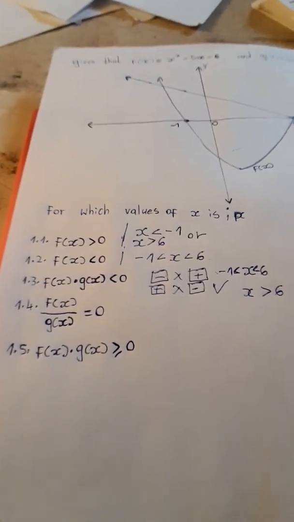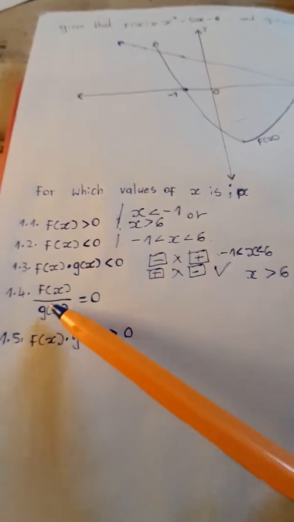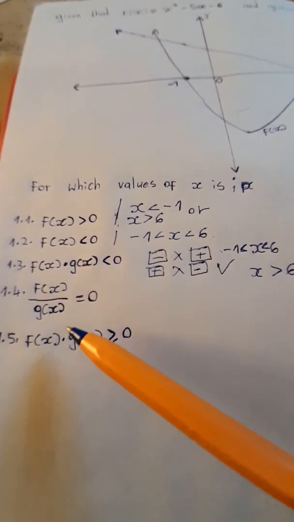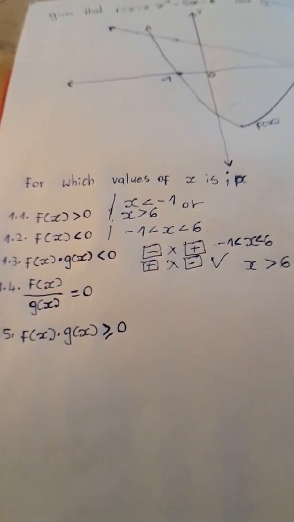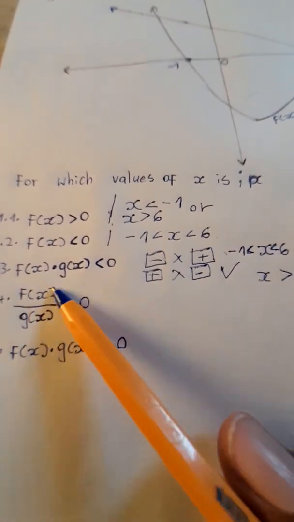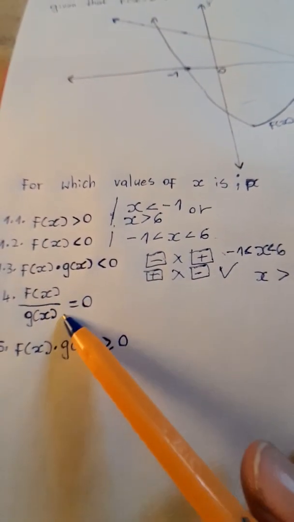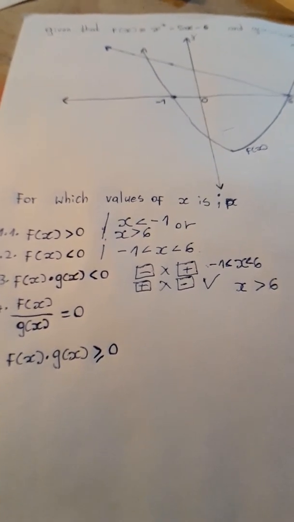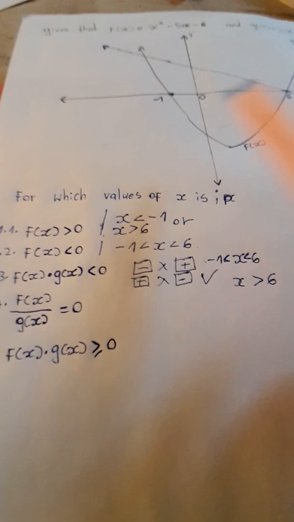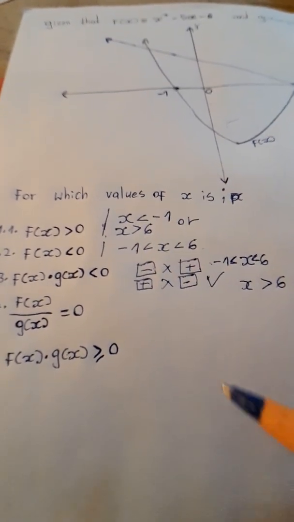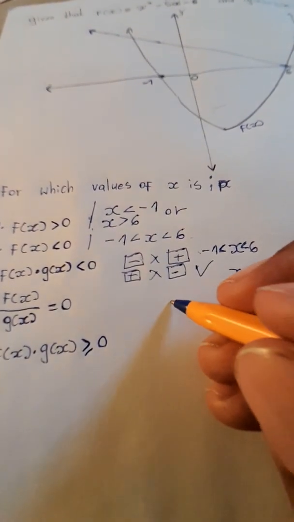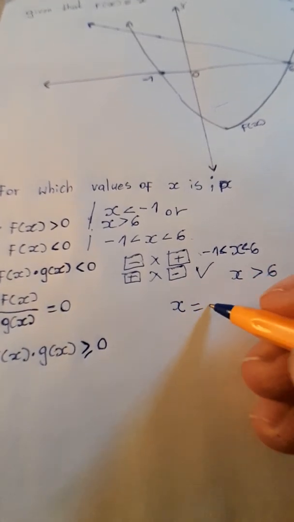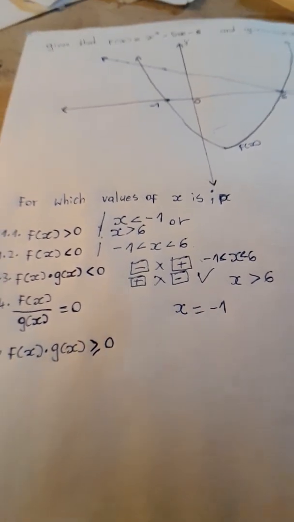Let's move on. For which values of x is f of x over g of x equal to 0? This is only possible if f of x is 0 and g of x is not equal to 0. So to answer this question, we are going to give the roots of f of x, because when x is equal to -1, then f of x is 0, and 0 divided by anything is just 0.